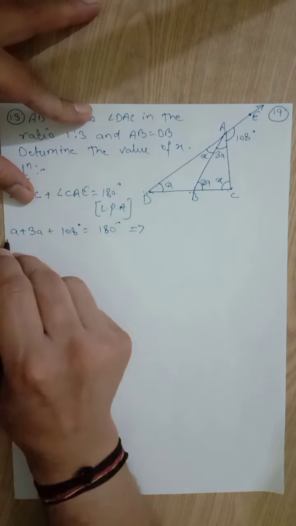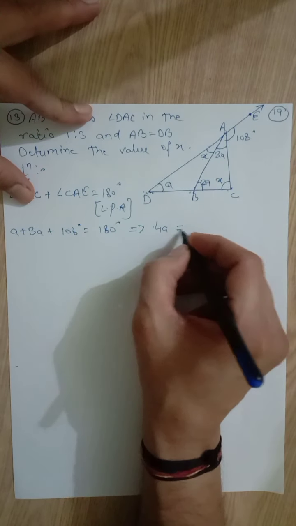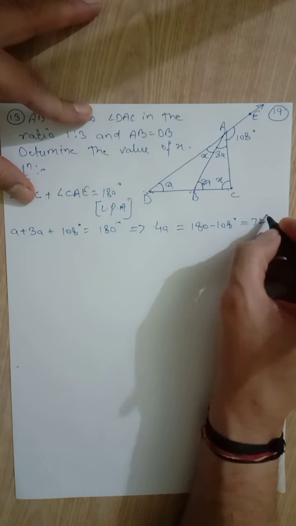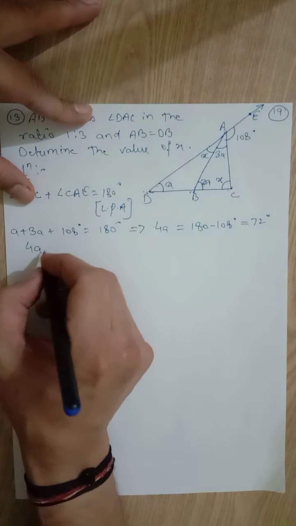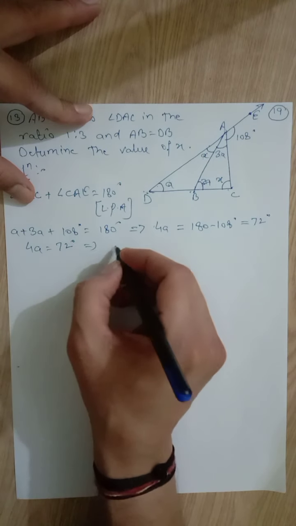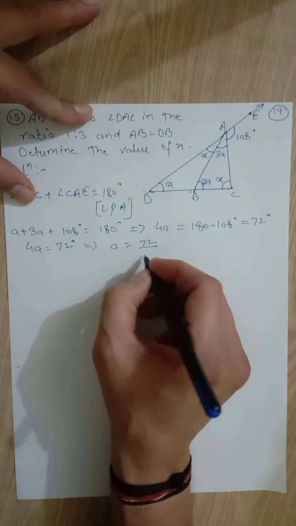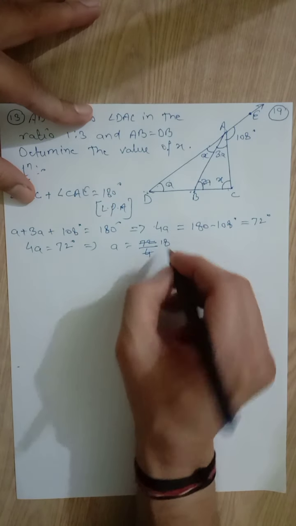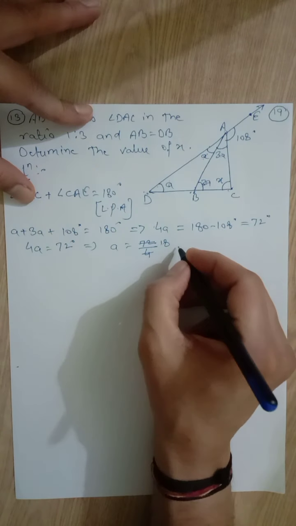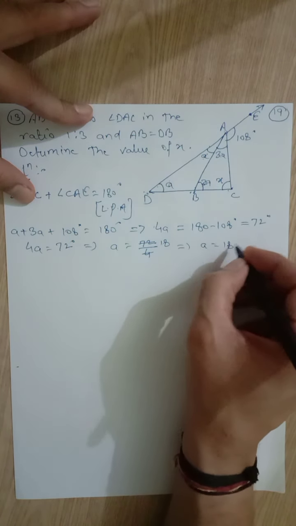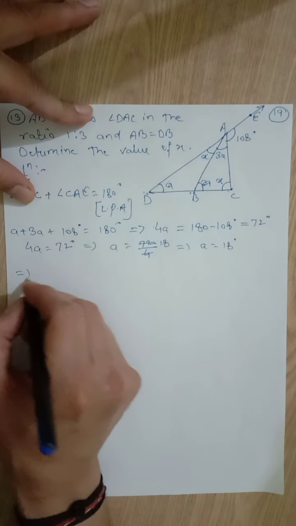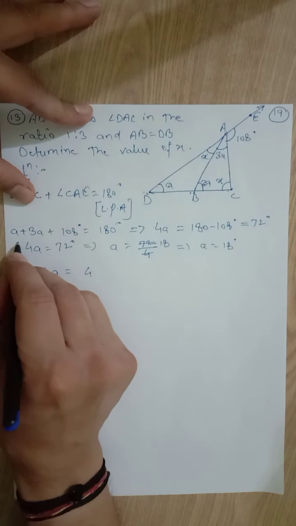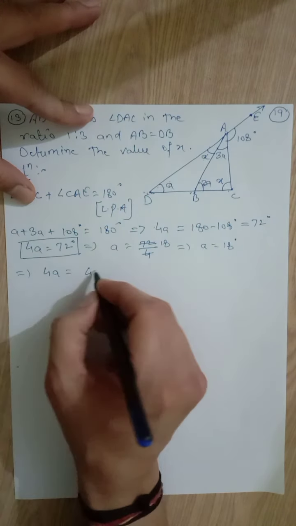This implies A plus 3A is 4A, equal to 180 minus 108 degrees, which is 72 degrees. So 4A is equal to 72 degrees, which implies A is equal to 72 upon 4, and this is 18. It implies A is equal to 18 degrees and 4A is 72 degrees, which we already have got.